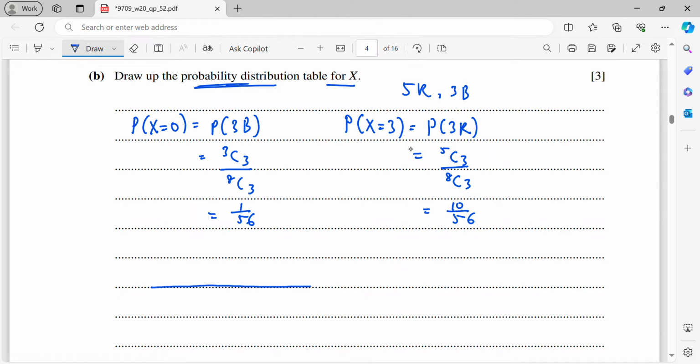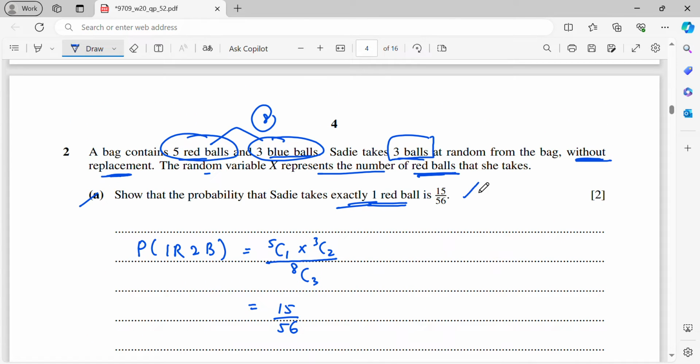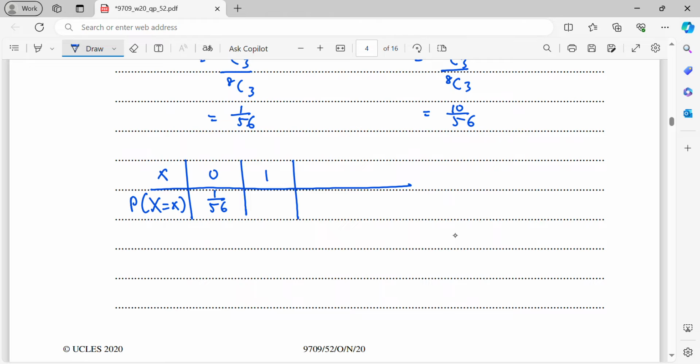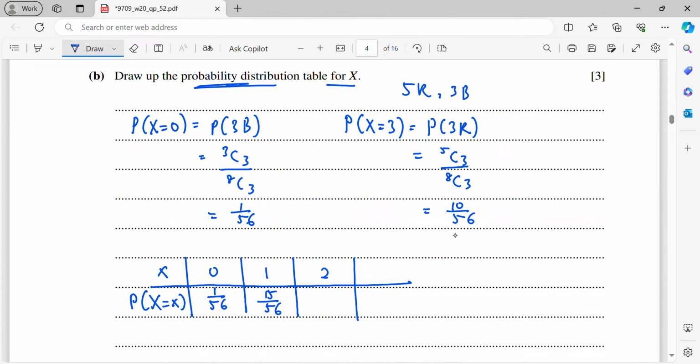Okay, so this is the probability distribution, X values, P(X = x). Your x is 0, which is 1/56. X is 1, already counted just now, which is 15/56. So x equals 2, leave it first. X equals 3, we know that it is 10/56. That means P(X = 2) is basically 1 minus the other 3 probabilities.